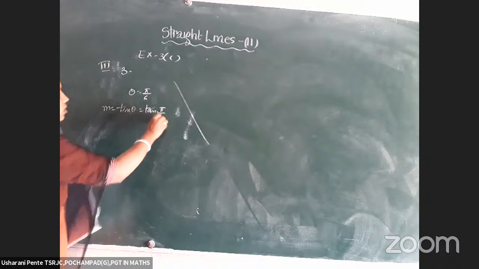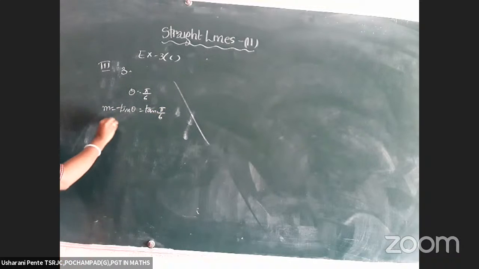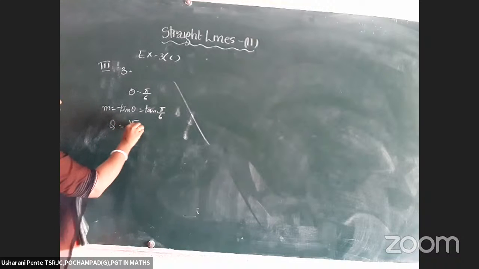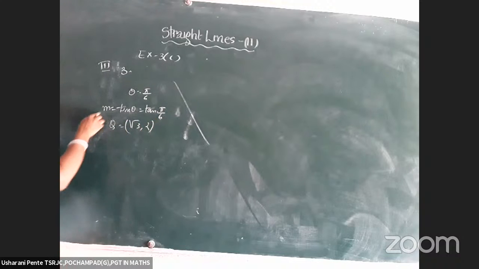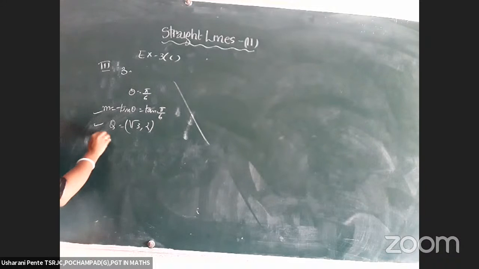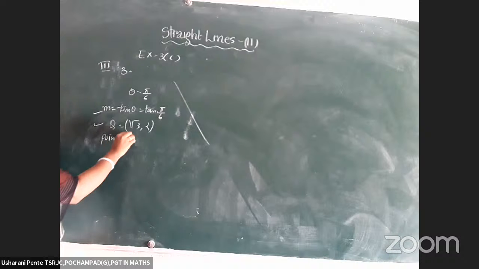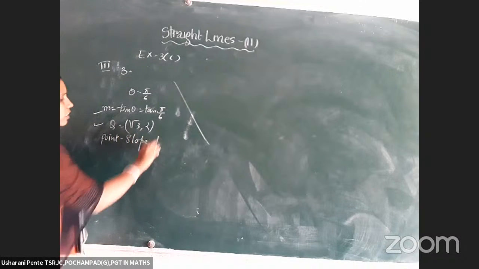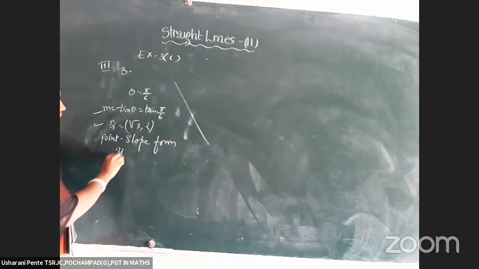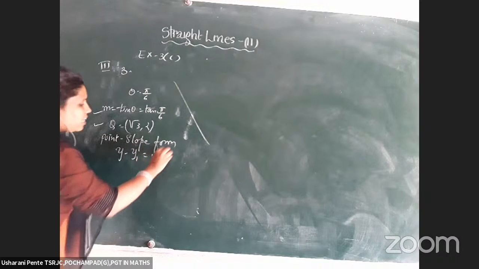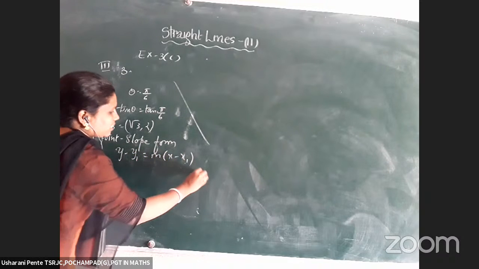From that you will get the slope, and you have a point, 2 comma 3. We have a point as well as a slope, so by using the point-slope form we can find an equation. Put it as equation 1.